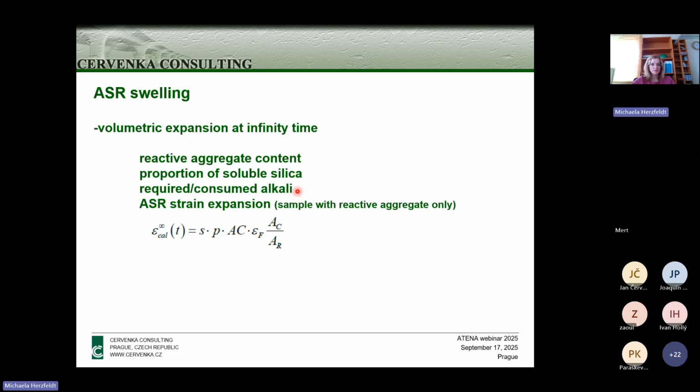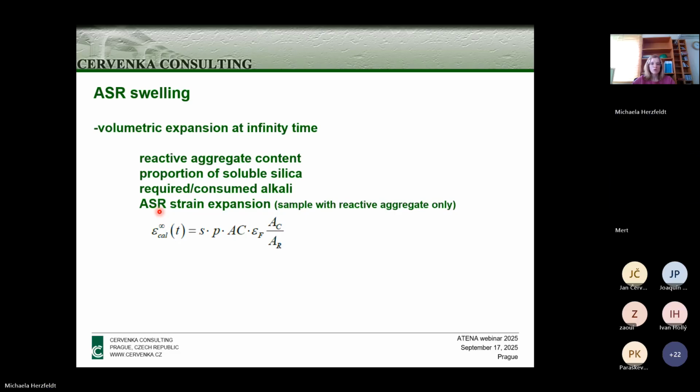So that was the kinetics, how quickly the reaction is developing. Then there is also the volumetric expansion of ASR swelling that has some limit too. And it depends on the reactive aggregates content and the proportion of soluble silica, the alkali that are required for the reaction, and how much they were consumed and so on.